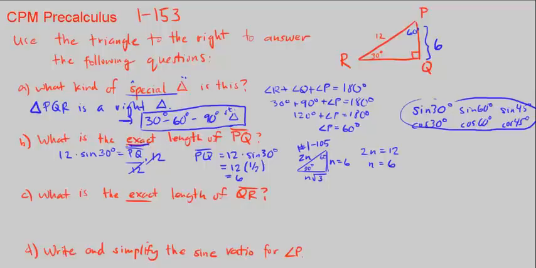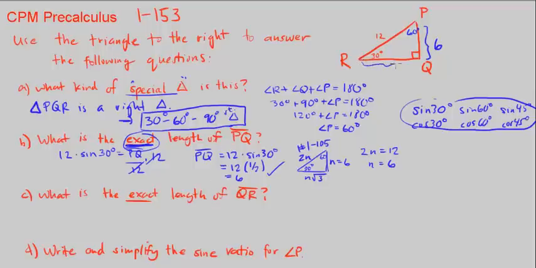And we want exact, so we could plug in sine of 30 and get 0.5 in our calculator, and that would give us the exact number. But if it's going to be some long decimal, we can't approximate it because we want the exact length. So our length of PQ is 6. What is the exact length of QR?